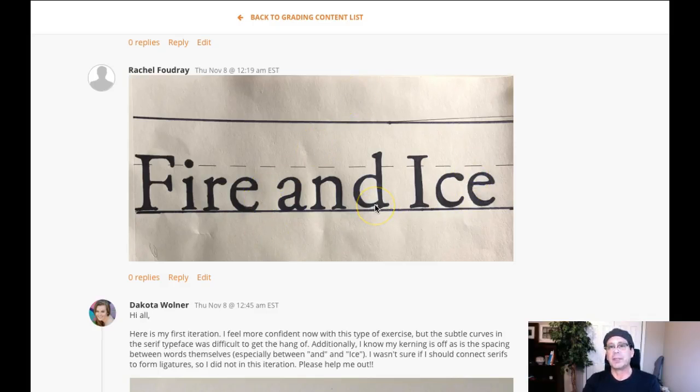Letter spacing is a little different here. I think you're really loosely kerned in your letter spacing, which is quite common when students first start working with letter spacing, I'm sorry, with serif typeface. Working with kerning with serif typeface, the tendency is to want to bring the letters wider apart to keep those serifs separated, but that's not necessarily a good thing.